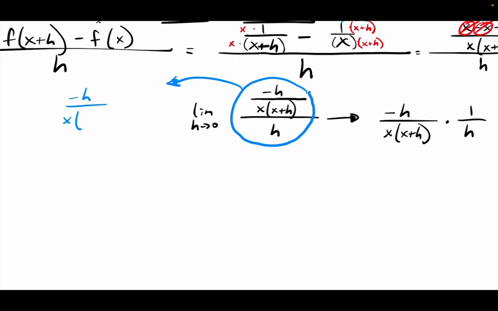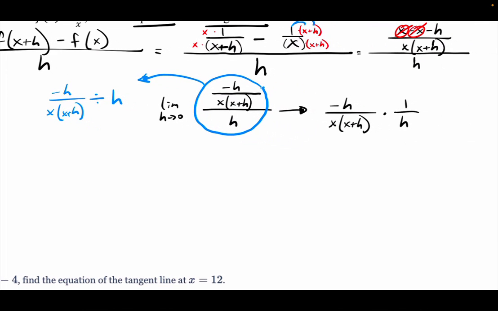It's division, the whole thing divided by h. That's what's going on, so that way is a little more clear. It's just h, because then it would be a 1 under. Exactly. Okay, multiply straight across. I get negative h over x times h times x plus h.